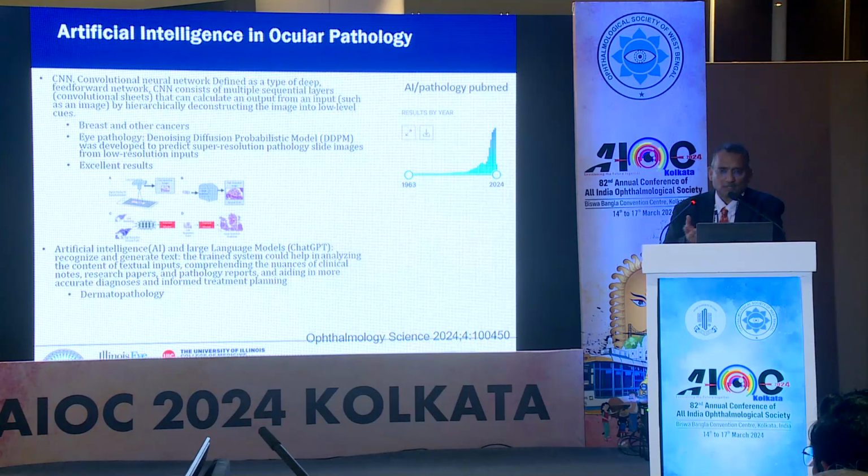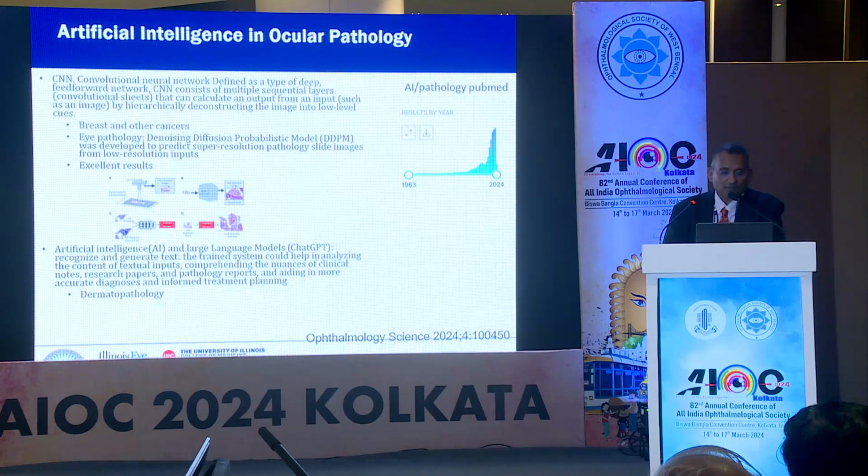A brief word about AI, and there's not much in eye pathology. Usually the number of samples is small, but I came across this very interesting study this year. It's a very busy slide, but basically what these authors did was they looked at low-resolution photographs and processed them by AI, and found that the AI was able to be equivalent to a super-resolution pathology scanner slide. So you got as good data out of the low resolution by using AI.